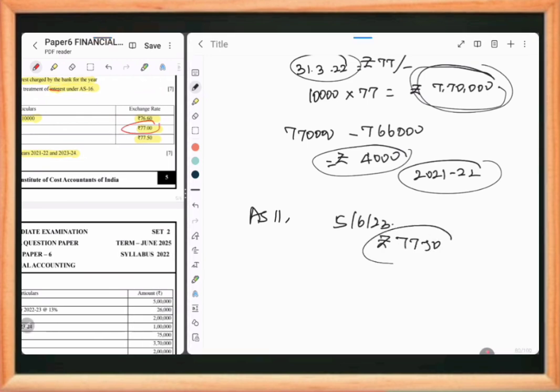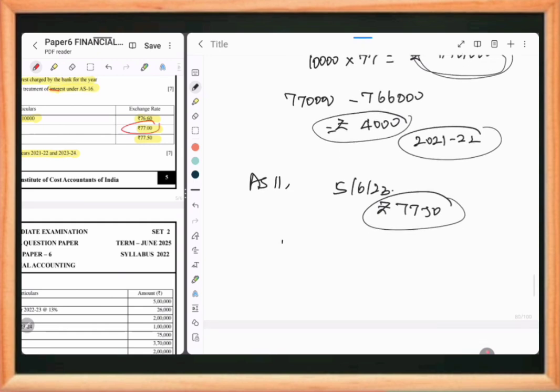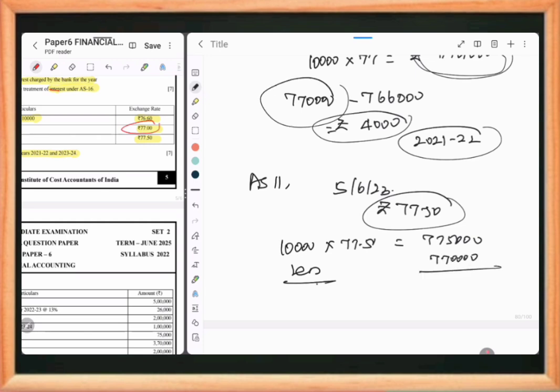It is Indian currency. So 10,000 into 77 rupees 50 paise, that is 7,75,000, less this amount, 7,70,000. So what is the difference? 5,000 rupees. It is a loss.